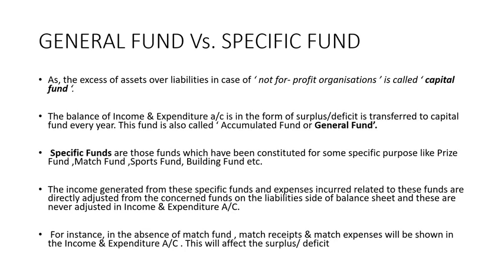And next, if there is no fund, no building fund, no match fund, then any income from the items will go to the income side, or expenses will go to the expenditure side of the income and expenditure account. It will affect the surplus or the deficit of the income and expenditure account.